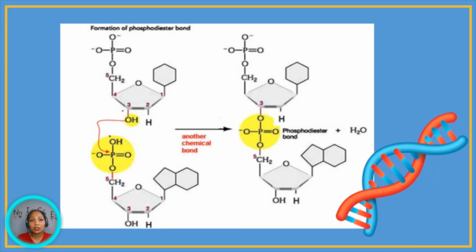It links the two sugars of the nucleic acids together. The phosphodiester bond links the 3' carbon atom of the sugar molecule and the 5' carbon atom of the other molecule. Therefore, it creates the sugar-phosphate backbone of the DNA.